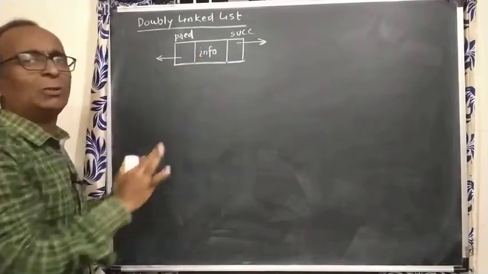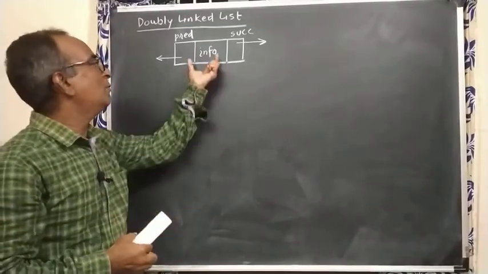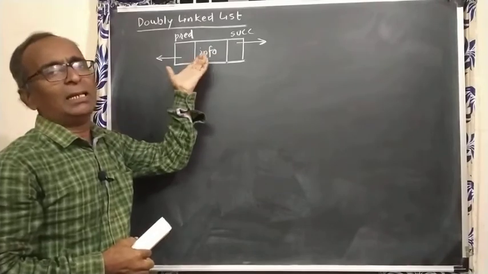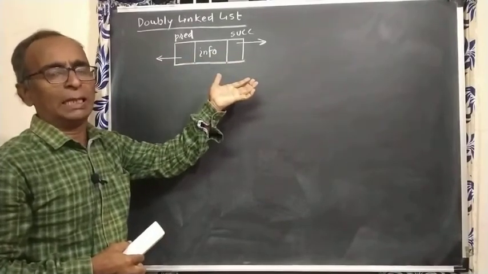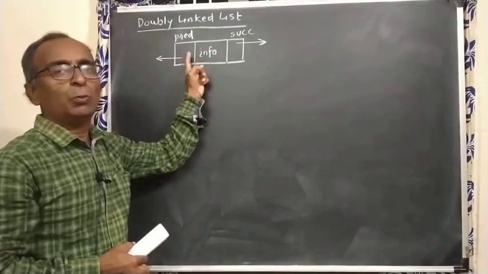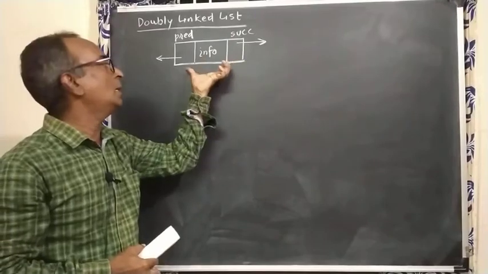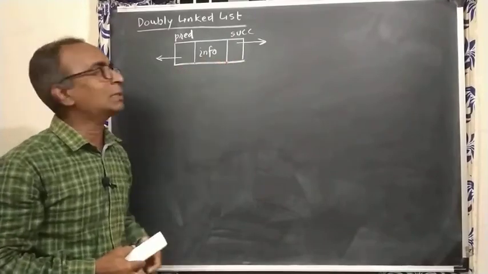So this will be the node structure of a typical doubly linked list. Now info, one field we are taking, any number of data fields also you can take. But what is needed in doubly linked list? We should have two pointer fields, two pointers pointing to the similar kind of node, that is self-referential structure.